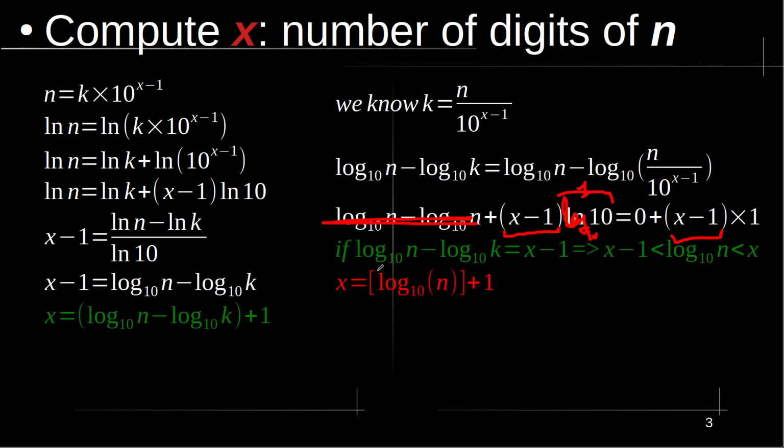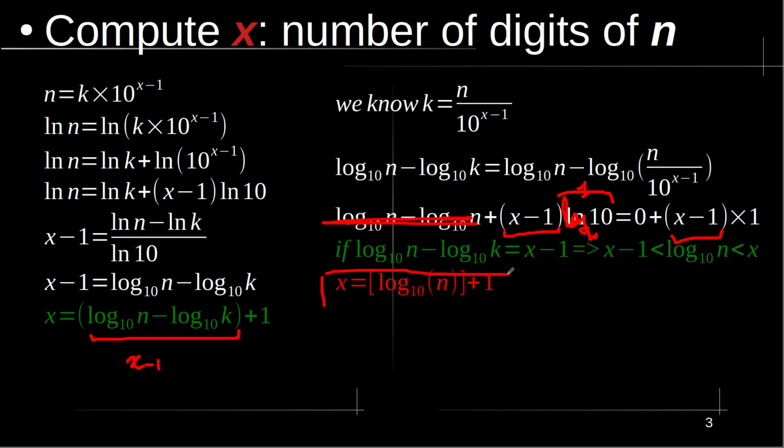So if log base 10 of n minus log base 10 of k is equal to x minus 1, we can conclude that logarithm base 10 of n is between x minus 1 and x. So x, which is the number of digits of n, is equal to the integer part of logarithm base 10 of n plus 1.